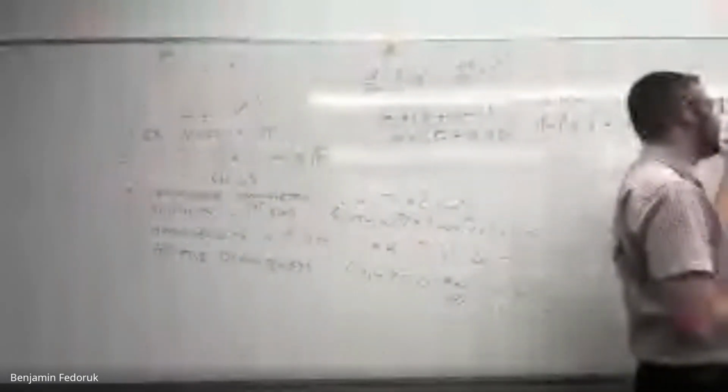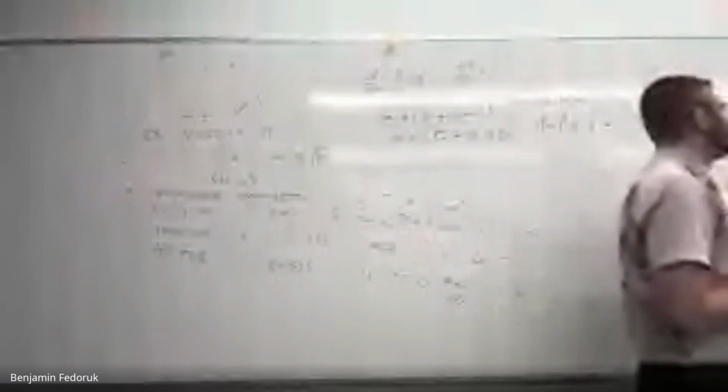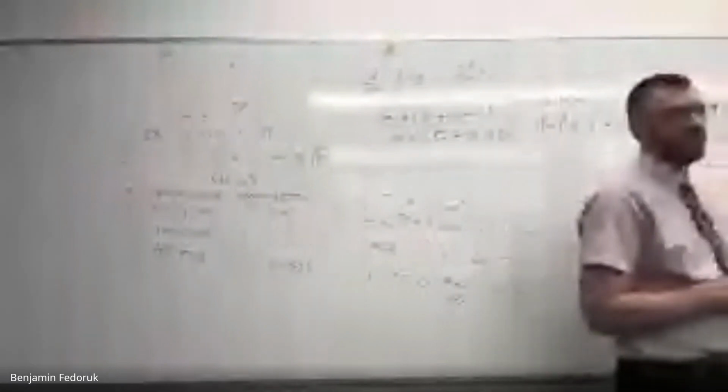Like I was mentioning earlier before class, there's a possibility that there are norms that aren't derived from inner products that still meet all the rules of a norm. But that's not something you have to know for this course, I don't think, at least, unless Mihai's teaching differently.